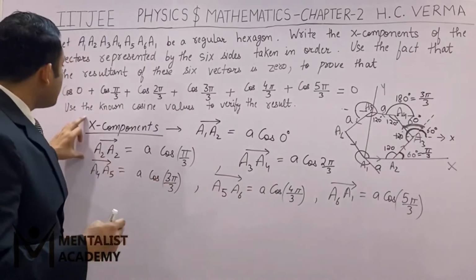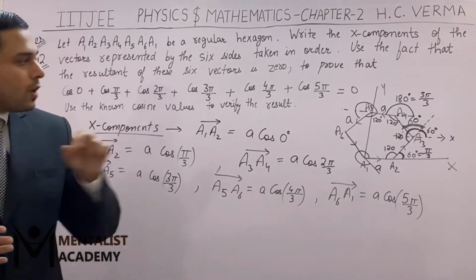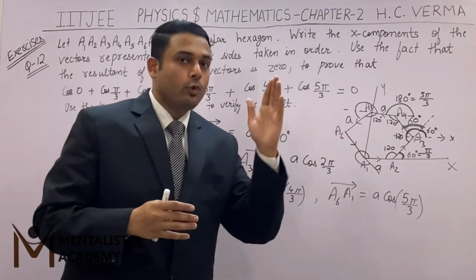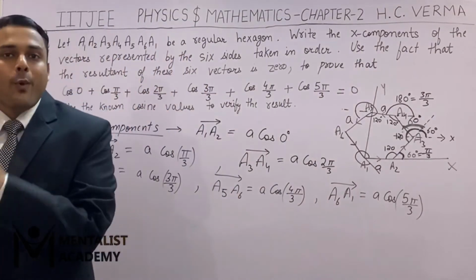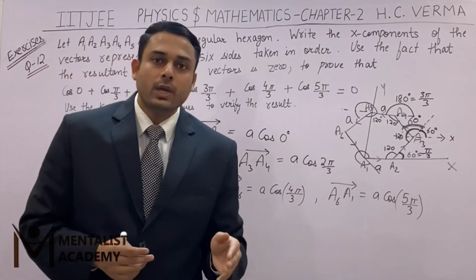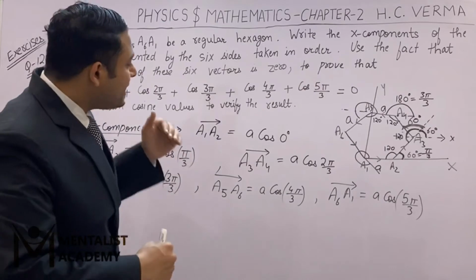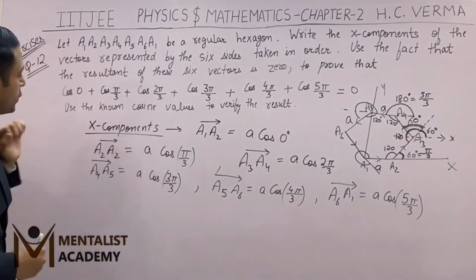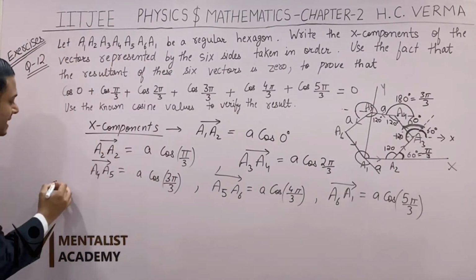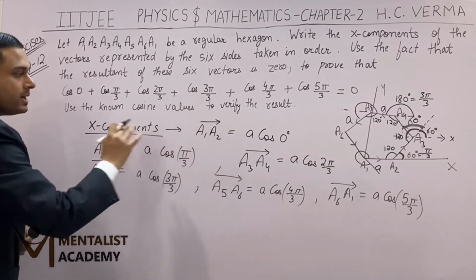That means the sum of all the x components of all the vectors would be equal to 0, and the sum of y components of all the vectors would also be equal to 0. So let us use this property. We can say that the sum of all these x components is equal to 0.